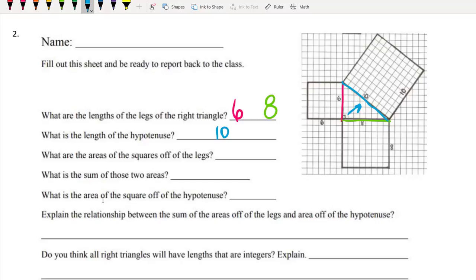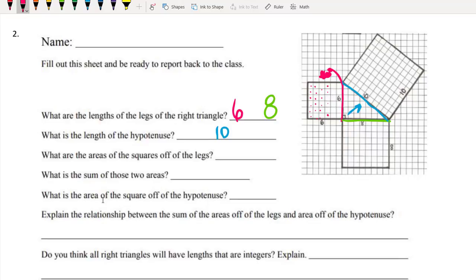All right, what are the areas of the squares off of the legs? For this leg with length 6, the area of this square right here, again if you wanted to count, you could count them all. If you need to count, then pause the video and count them all.